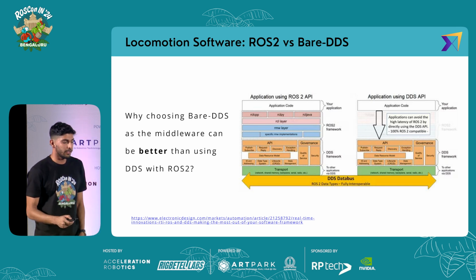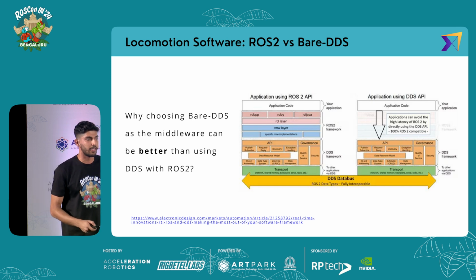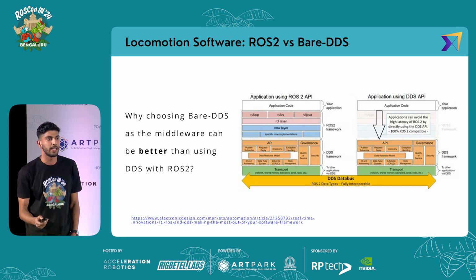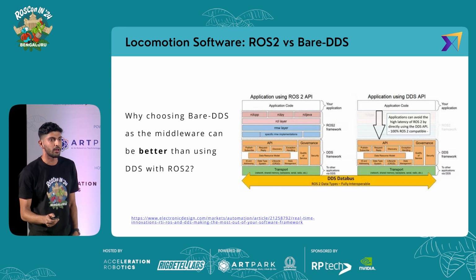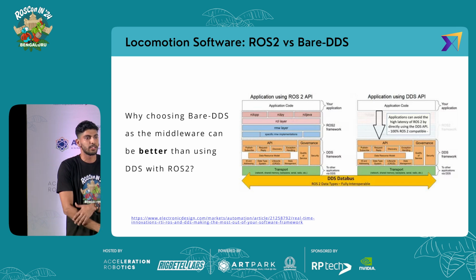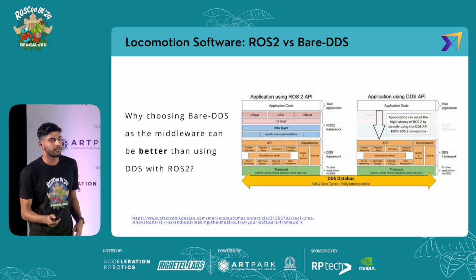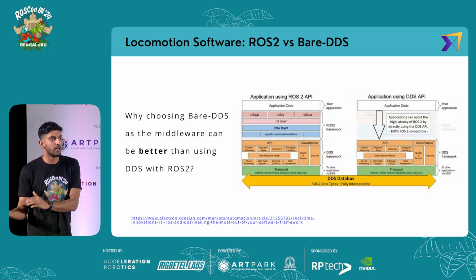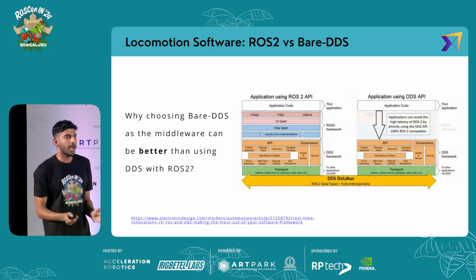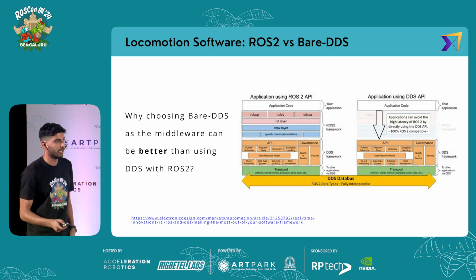After much discussion and brainstorming, we decided to go for bare DDS in the Locomotion software, because the purpose which ROS2 or a middleware would serve in that scenario is served by just bare DDS. So why not avoid the other overheads that ROS2 brings in and just use bare DDS for that part?